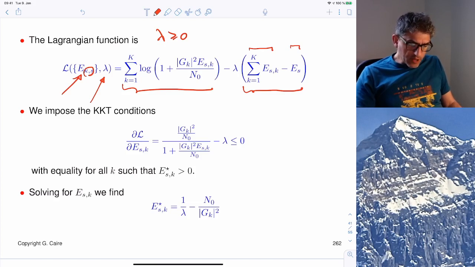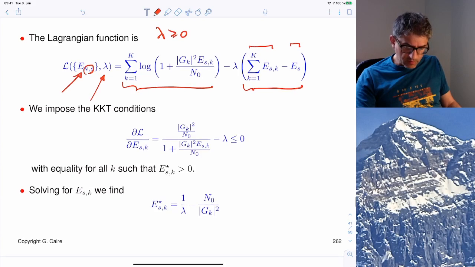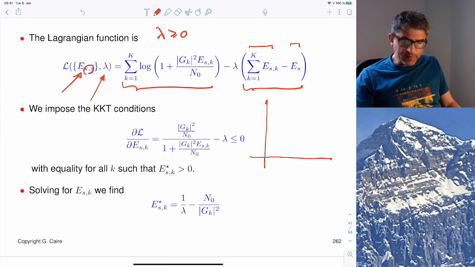So differentiating with respect to a specific E_sk, we find this derivative, and this derivative has to be non-positive in the following sense. As usual, if I take the cross-section of this function, if the solution of setting this derivative to 0 is strictly positive, well, then it's okay.